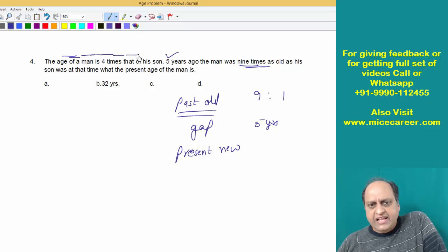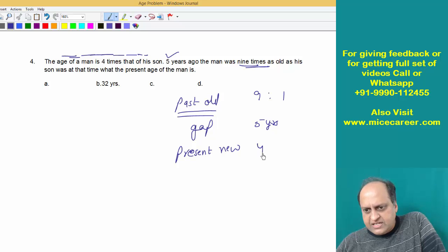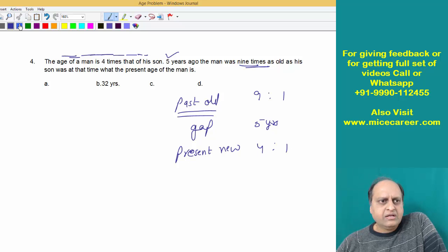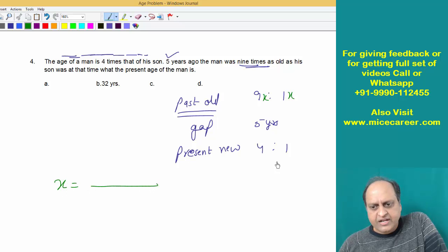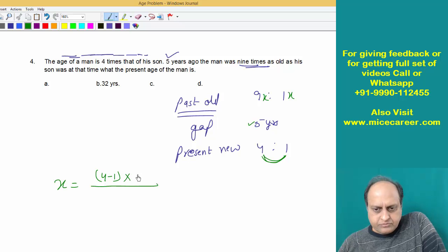The age of man is 4 times that of his son at present. Age is 4:1. Now you need to multiply old with x and then solve. X in the numerator. Difference 4 minus 1 is 3. Straight away you can write 3. Multiplied by the gap 5.